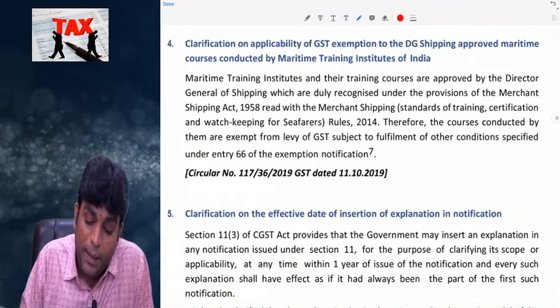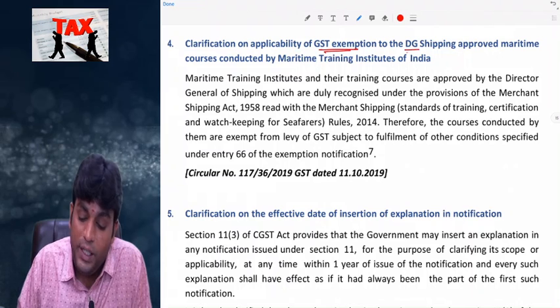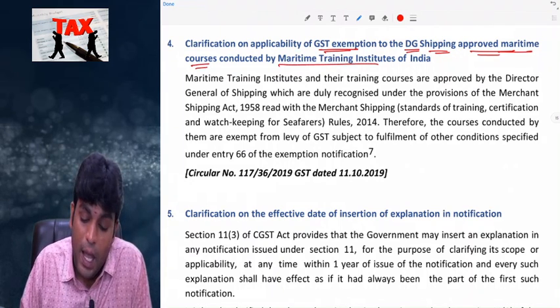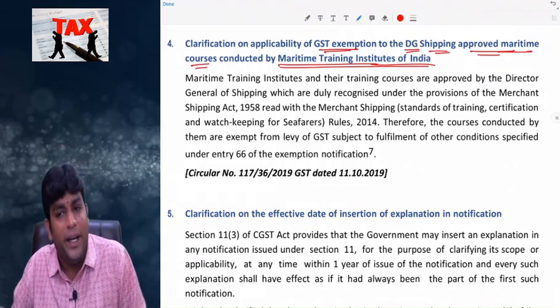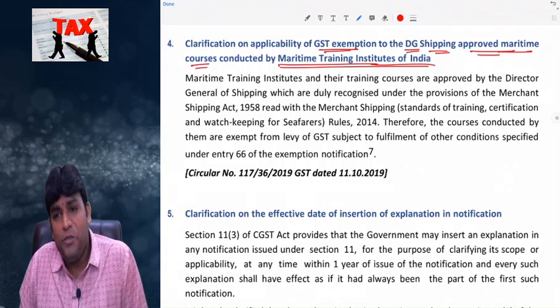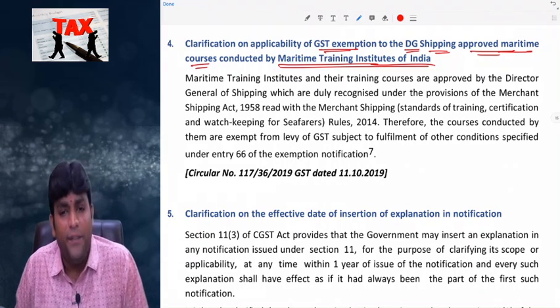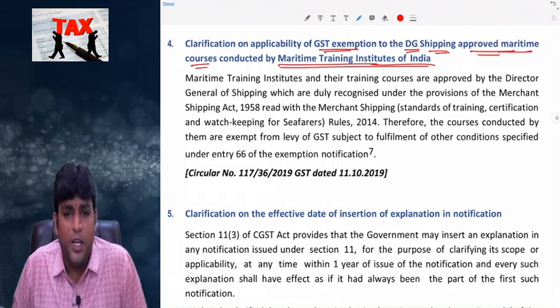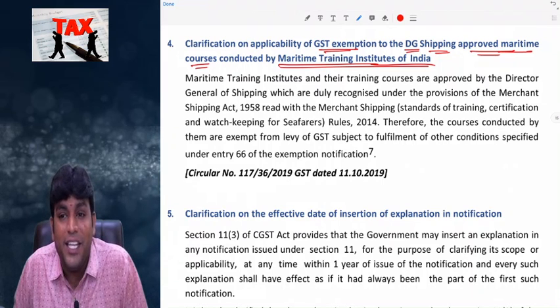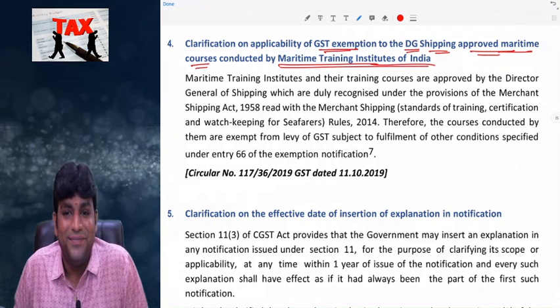Clarification on applicability of GST exemption to DG Shipping approved maritime courses conducted by Maritime Training Institute of India. Sir, I'm sure you remember that in the exemption points, we have one point which says that education as a part of obtaining a qualification recognized by law is exempt.